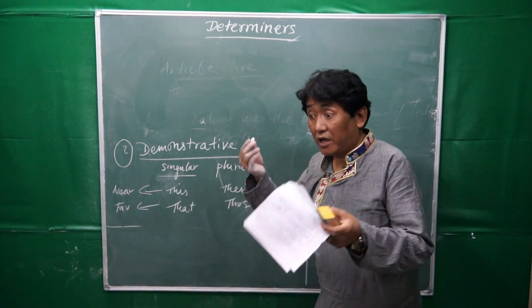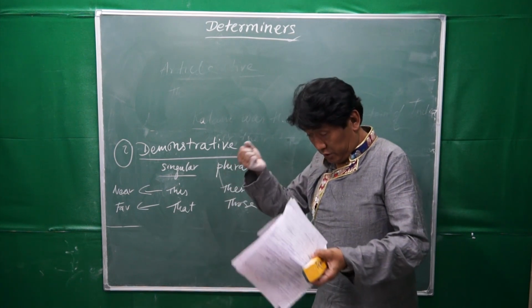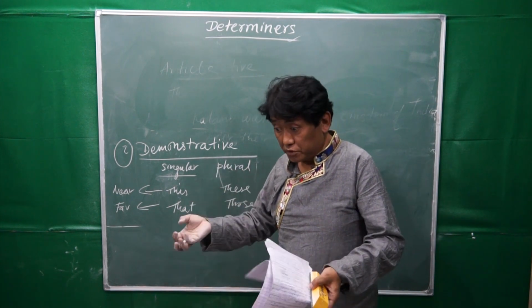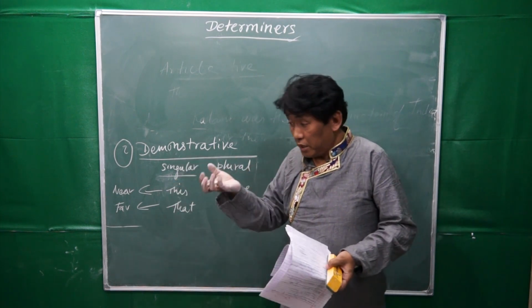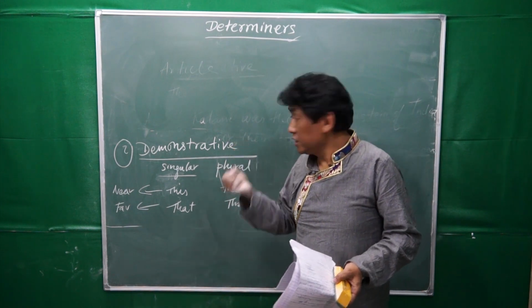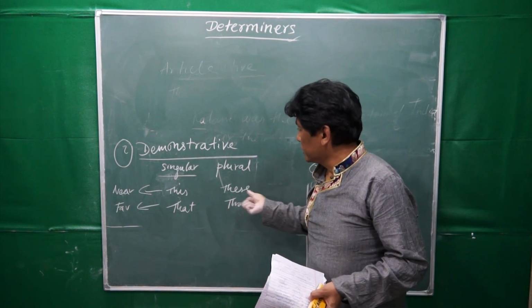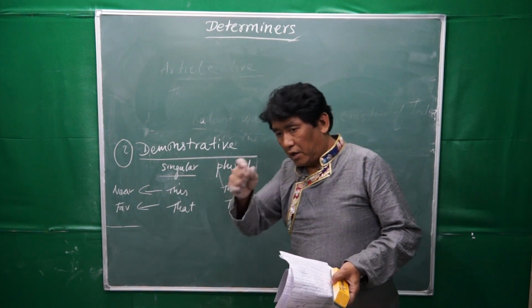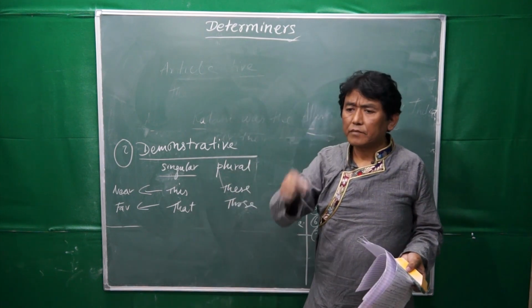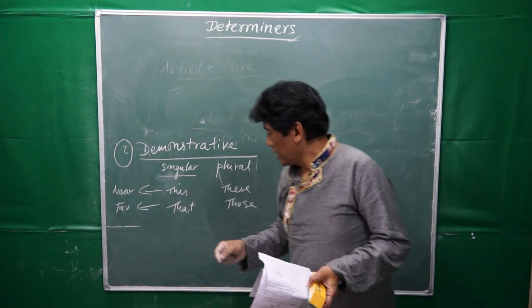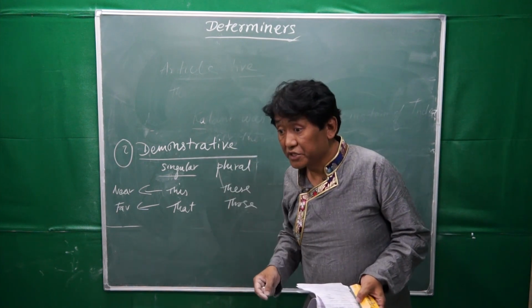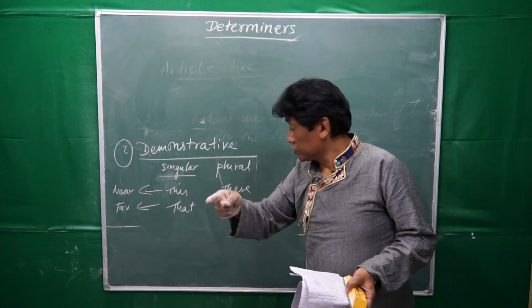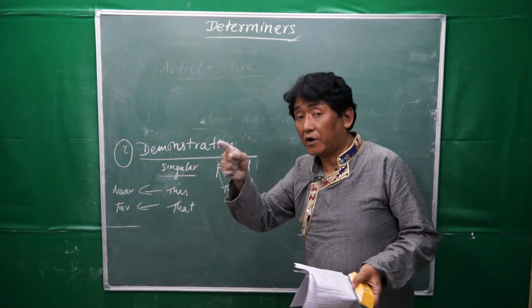If I have more chalks near me, in relation to the position of my body, I say these chalks. If I can see some bricks there, I say those bricks. I can point at them; they are plural and far from me.